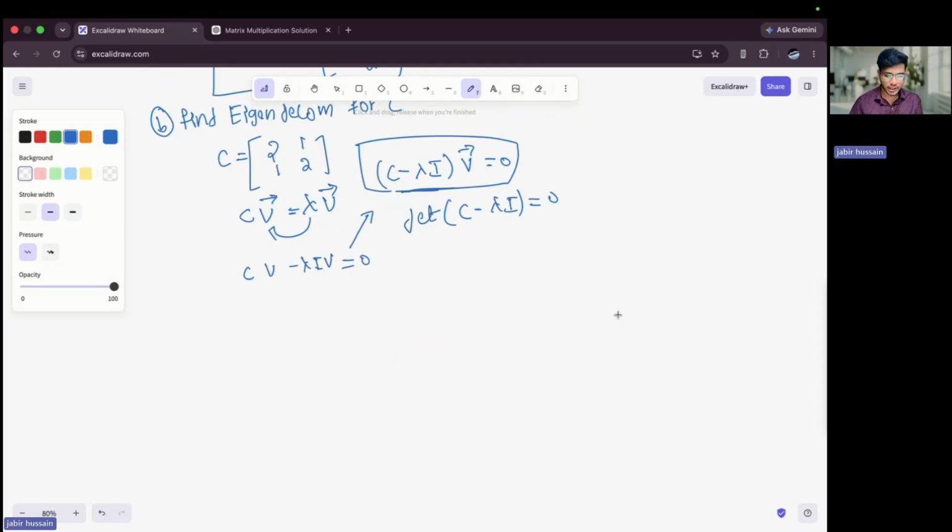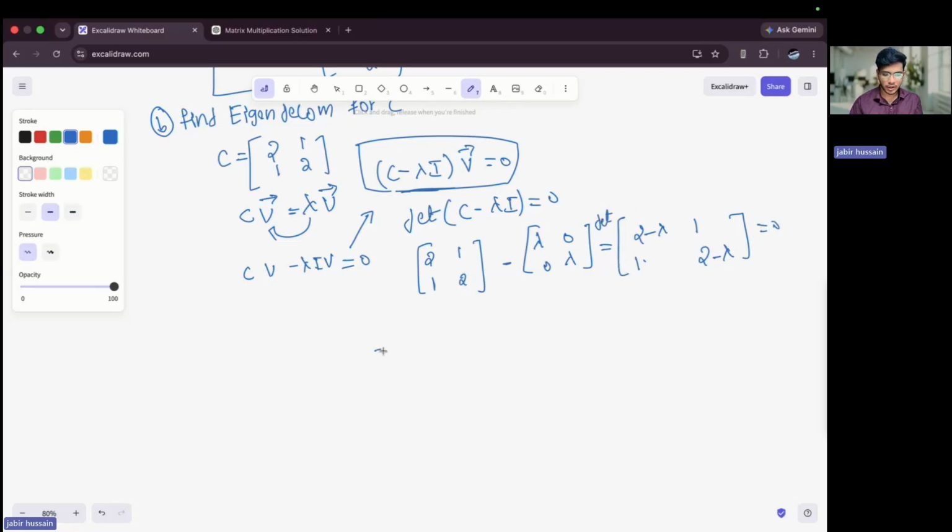Just try to put the values now quickly. Let's do the numerical. 2 1 1 2 minus lambda 0 0 lambda. Okay, it will give you 2 minus lambda, 1, 1, and 2 minus lambda. And the determinant of this would be 0.